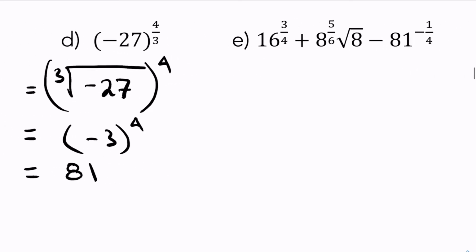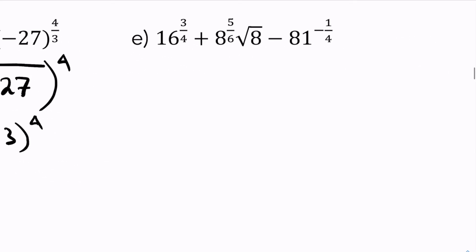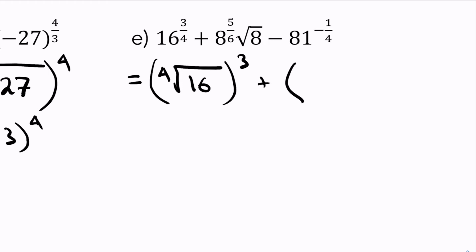Last one here, a whole bunch of expressions. Let's see if we can simplify these one at a time. So I'm going to start by putting this one into this form. This guy here, this will be the 6th root. Actually, you know what? I'm not going to do that over here. I'm going to go the other way and write this as 8 to the 5 over 6 times 8 to the 1 over 2.